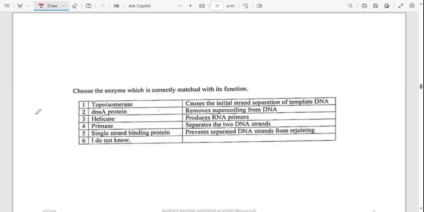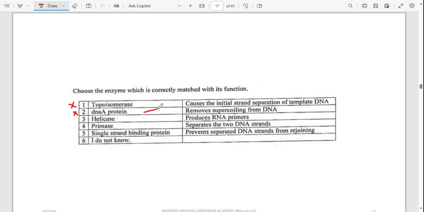Choose the enzyme which is correctly matched with its function. Topoisomerase causes the initial strand separation of DNA? No. Topoisomerase removes supercoils. So let's do matching. Which causes the initial strand separation?